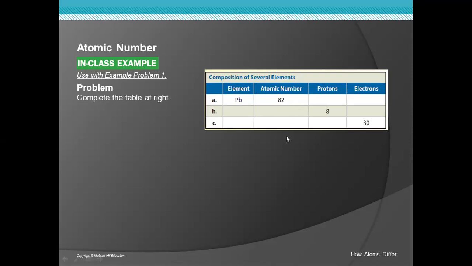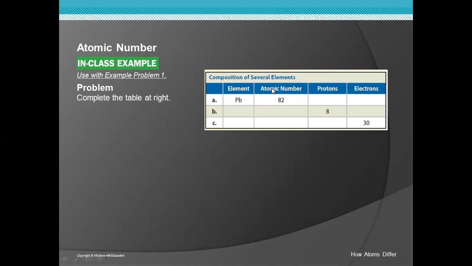Okay, and I said before, Thamer, that the atomic number, the number of electrons, and the number of protons are equal. The atomic number has the same number of protons and also the same number of electrons. So if you have 8 protons, what about the atomic number and number of electrons for this element?